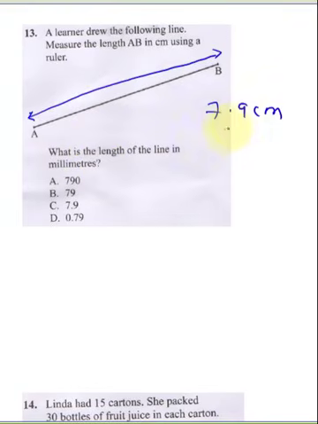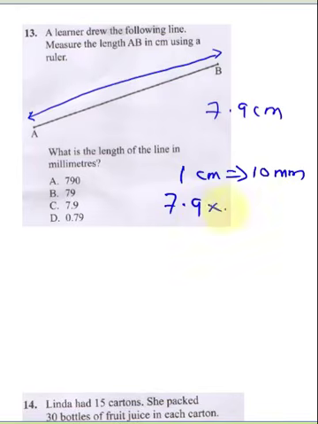So you got 7.9. So know that 1 cm gives you 10 millimeter. So you're going to do 7.9 to convert it, just multiply by 10. So that will give you something like 79 millimeter. But then all these are dependent on the value you got.